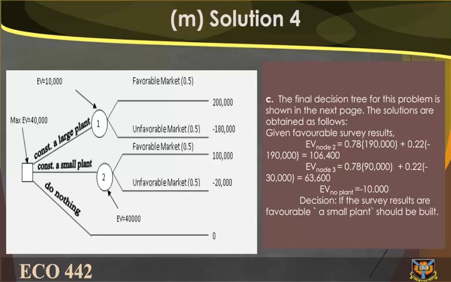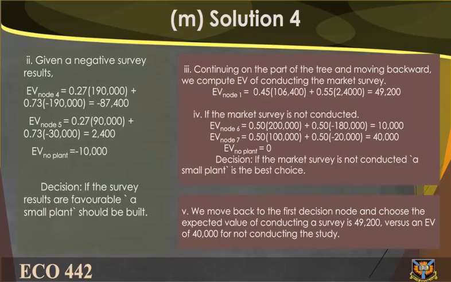EV node 3 equals 0.78 times 90,000 plus 0.22 times minus 30,000, which equals 63,600. EV no plant equals minus 10,000. Decision: if the survey results are favorable, a large plant should be built.